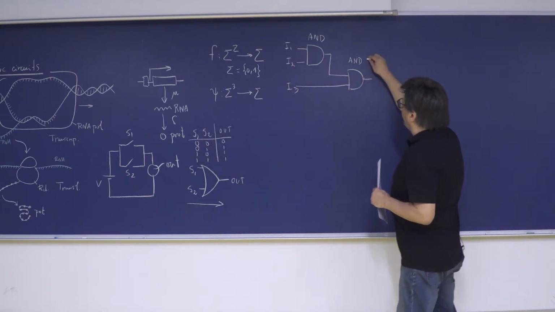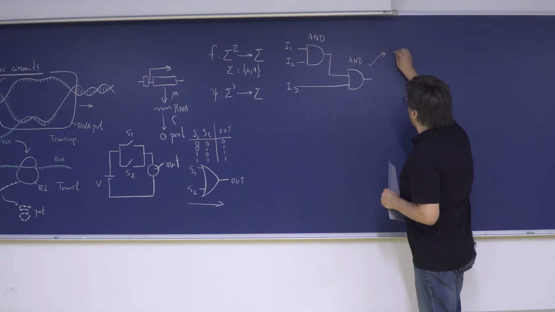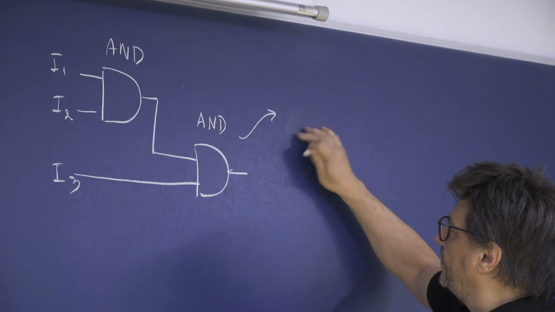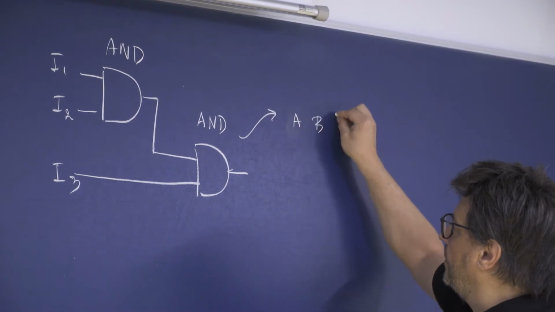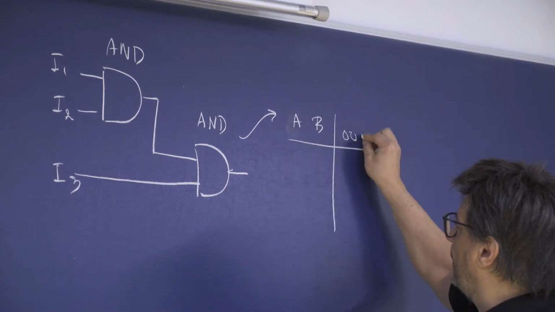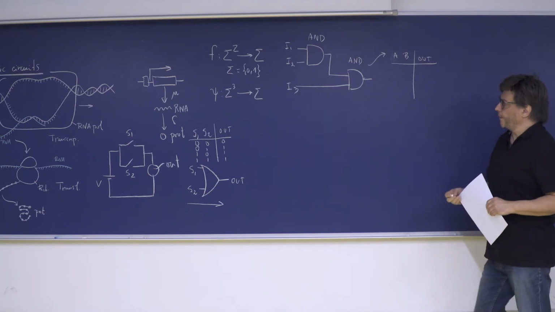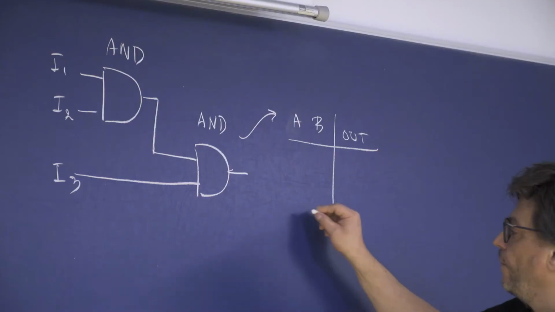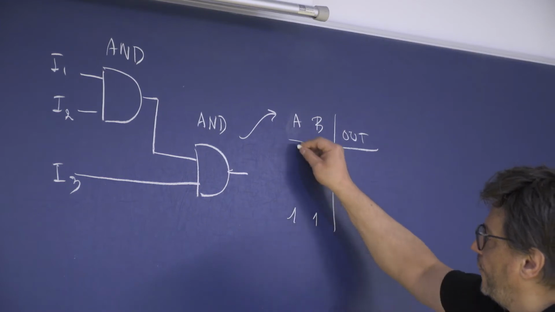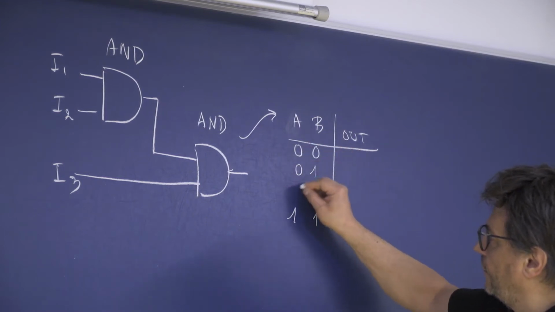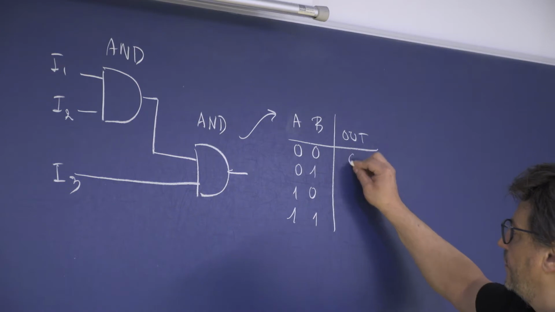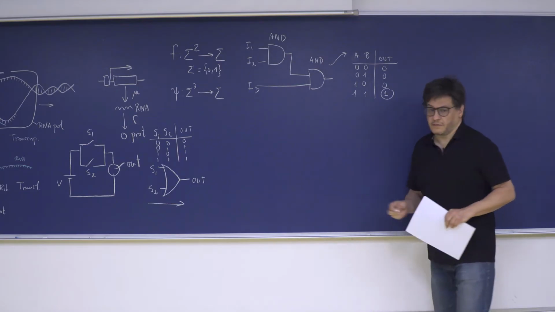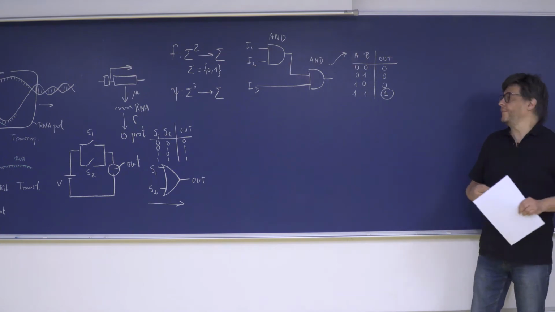You know that from the units, my AND gate, if I have, let's say, in general, A, B, and out, remember that the AND gate only allows an output to happen if the two inputs are ones. So for the rest, what I have is this. That's the only favorable case.